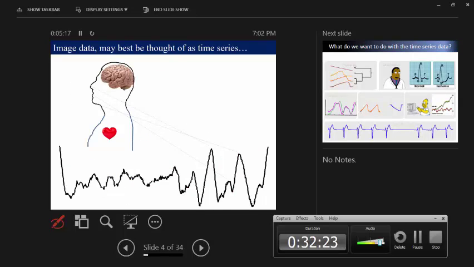Time series data can be collected in many ways. For example, human heartbeat or brain EEG data, or nose, mouth, whatever. Any data that is sensitive and interesting is time series data.